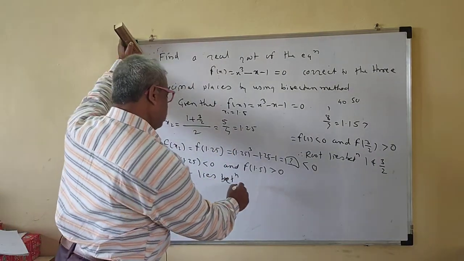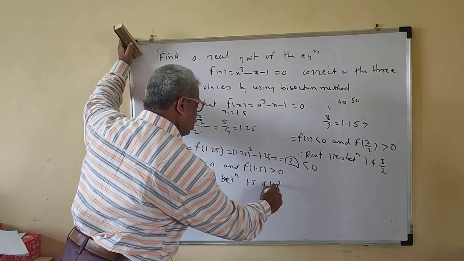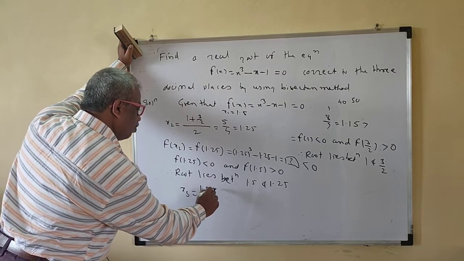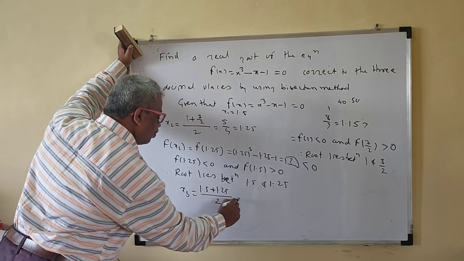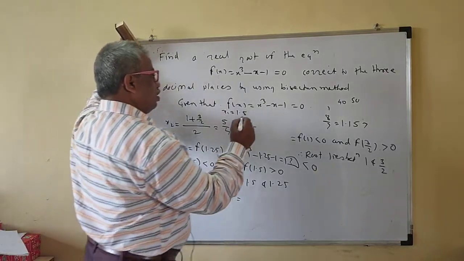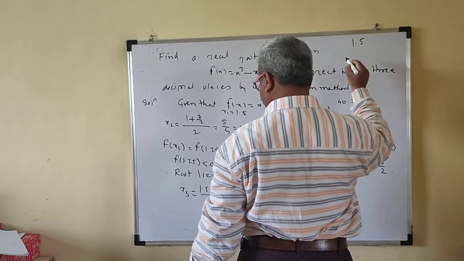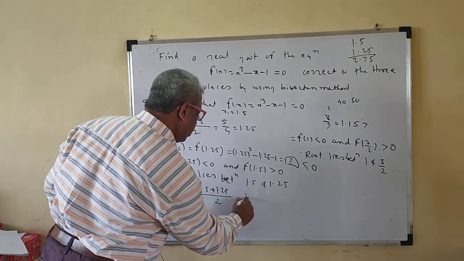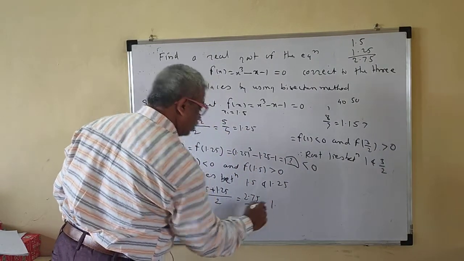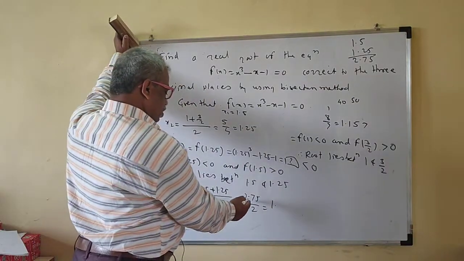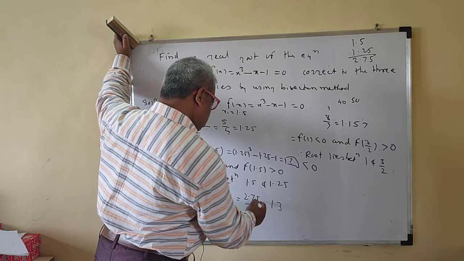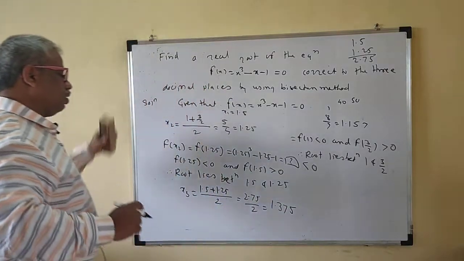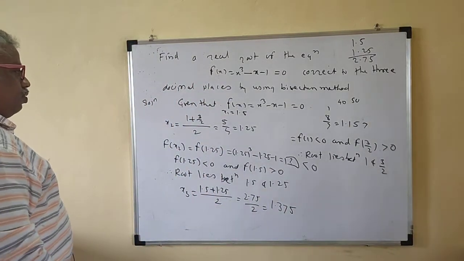So now your x3 is (1.5 plus 1.25) upon 2, which is 2.75 upon 2, so this is 1.375.